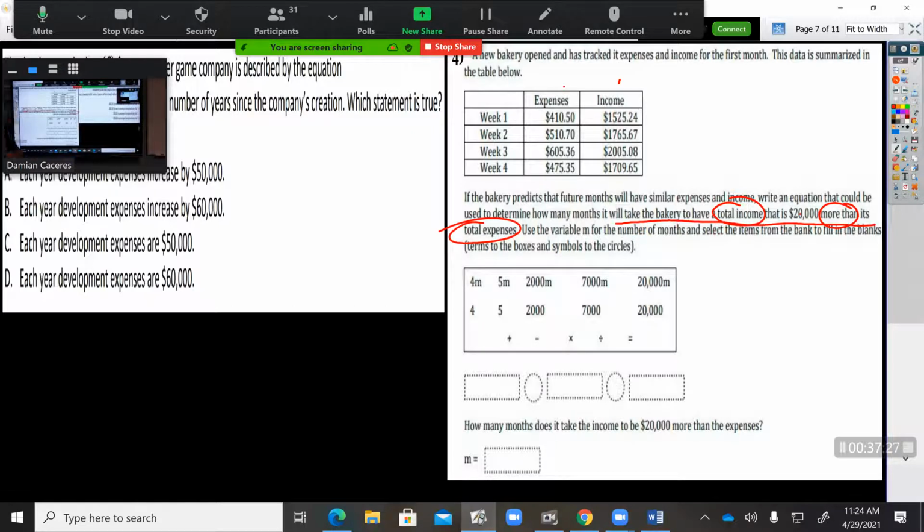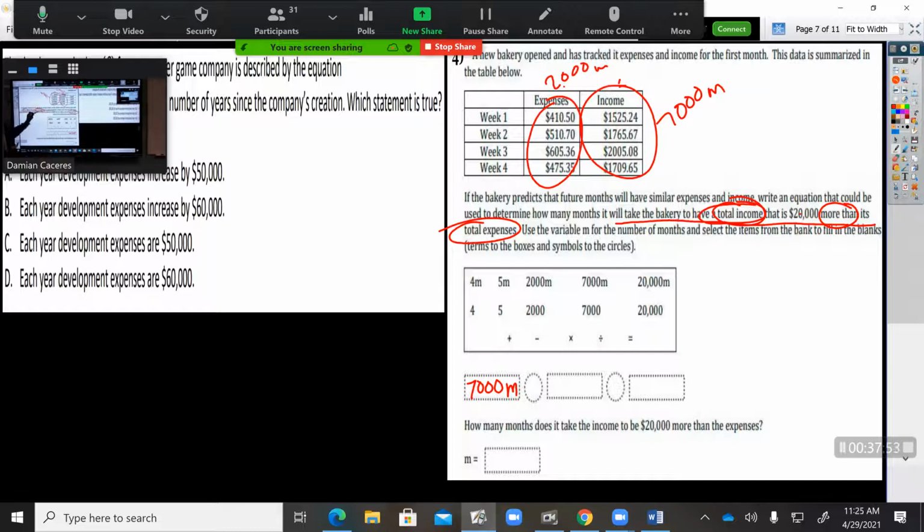So pay attention to the words that I'm going to change into math symbols right now. What I just underlined says, how many months will it take to have a total income? What is a total income? 7,000 M. Income, when you add it up, it rounds off to 7,000. This one rounds off to 2,000.